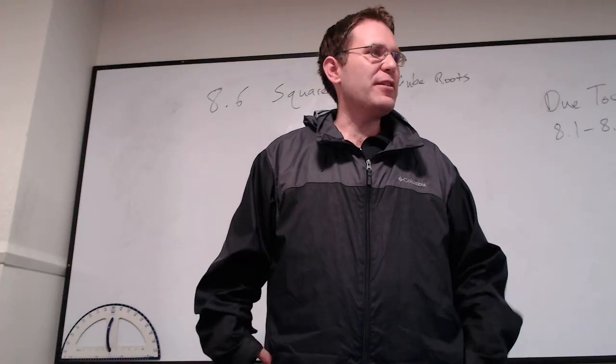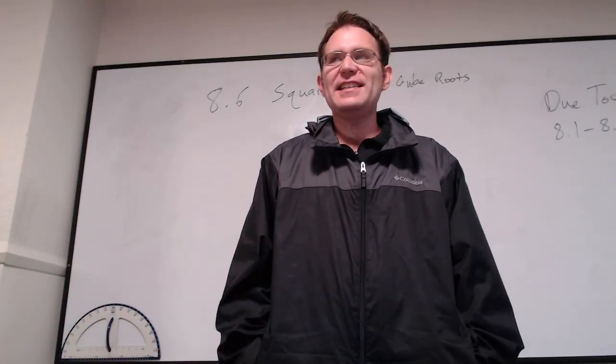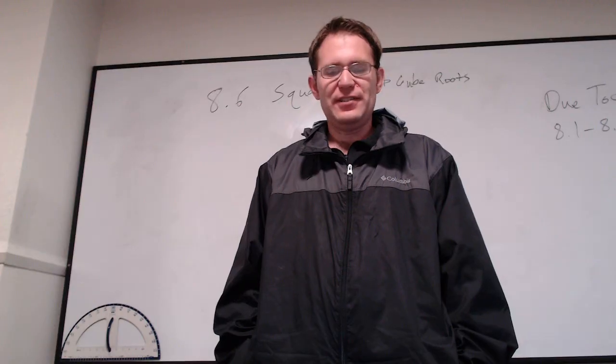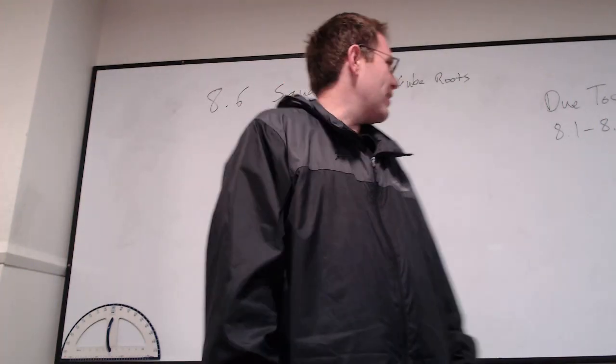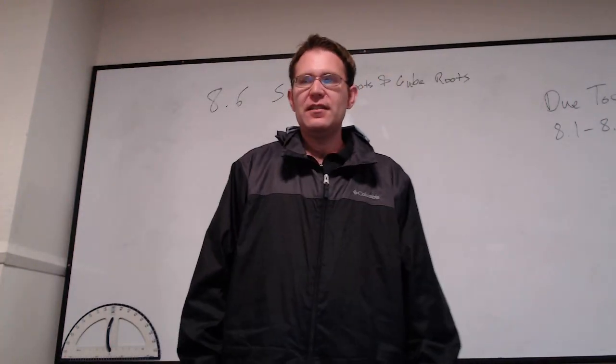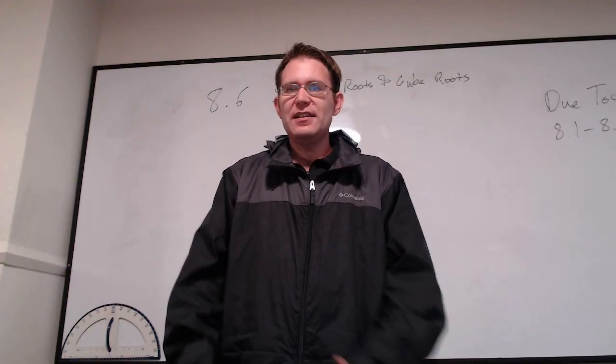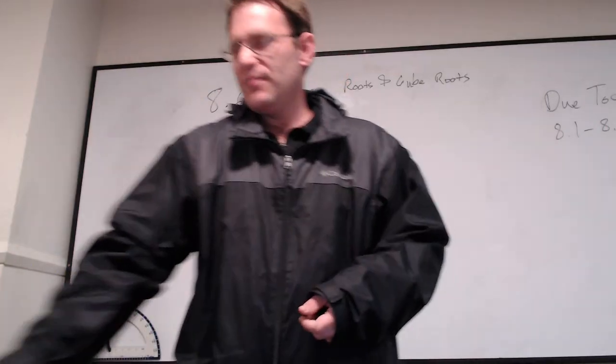So today we're going to be talking about square roots and cube roots. Why are we talking about square roots and cube roots in a section on exponentials? The opposite of exponentials. True. Roots.